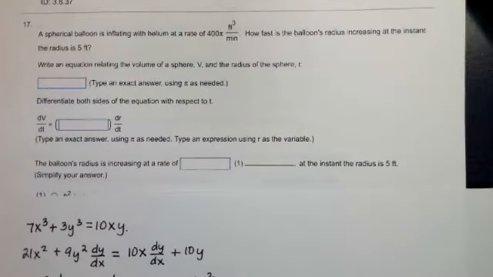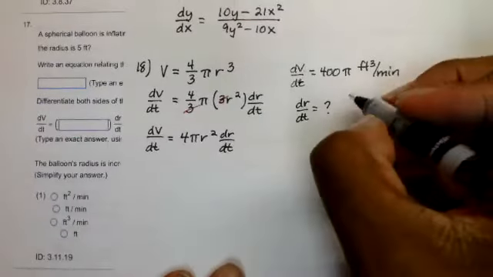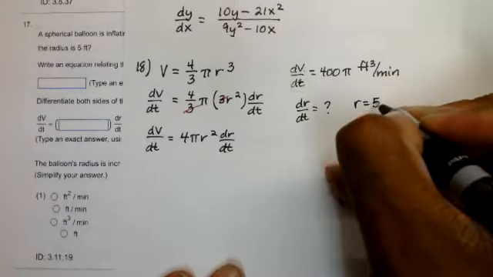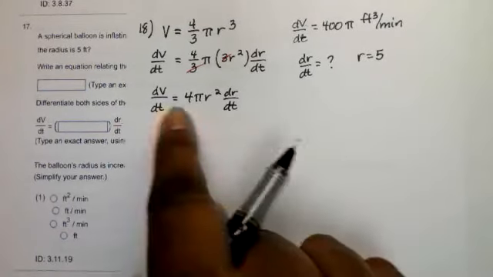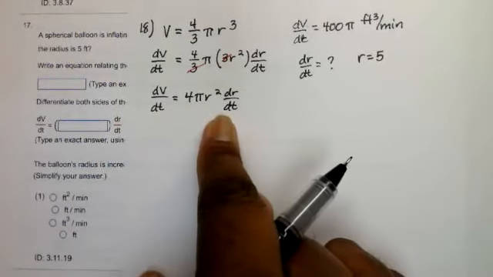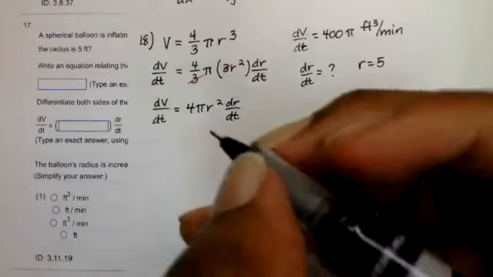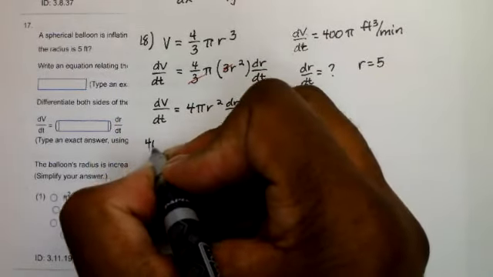And that's at the instant that the radius is 5 feet. So all we need to do is substitute in. dV dt is 400 pi cubic feet per minute.